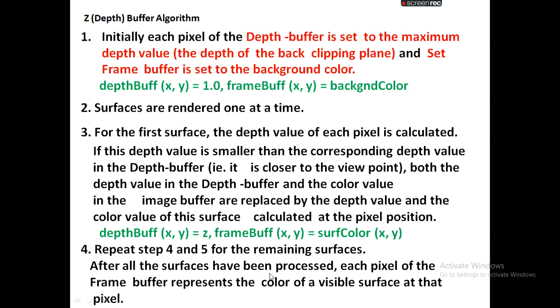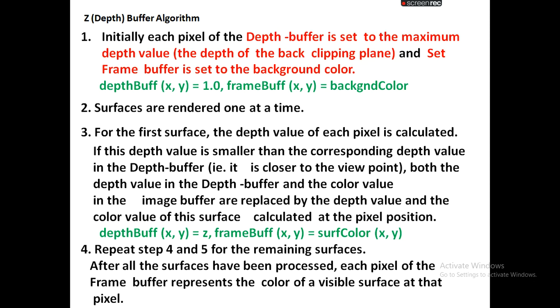After all these surfaces have been processed, each pixel of the frame buffer represents the color of the visible surface at that pixel. Meaning, after processing all the surfaces, whichever pixels are visible to the viewer, only those visible surfaces' depth values are stored in the depth buffer and color values are stored in the frame buffer.